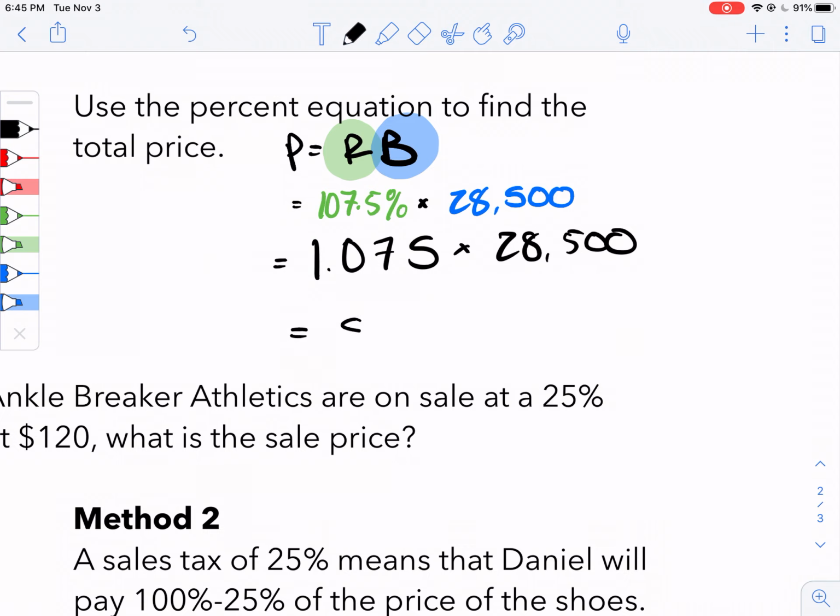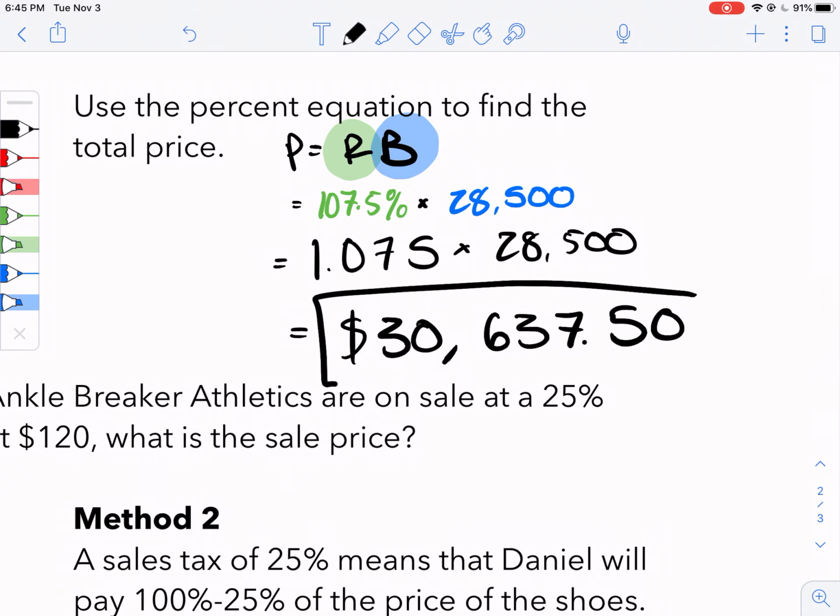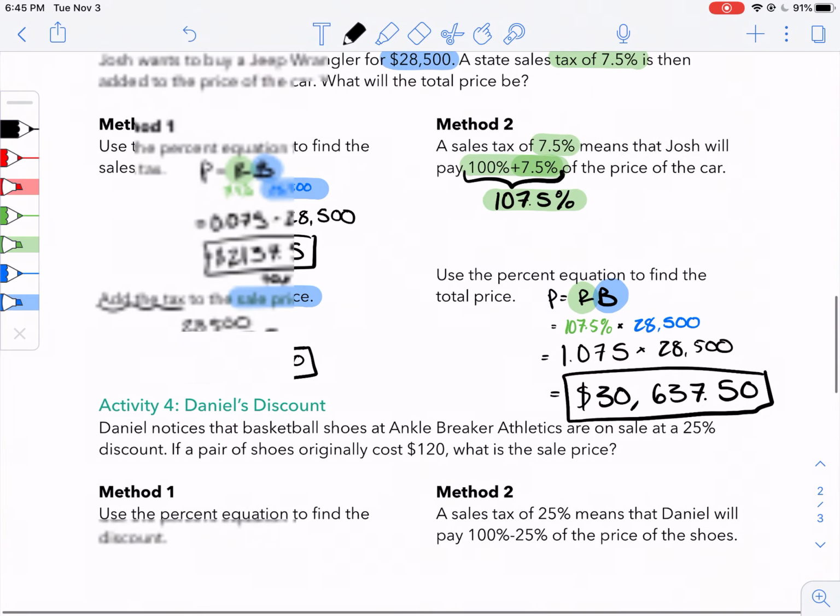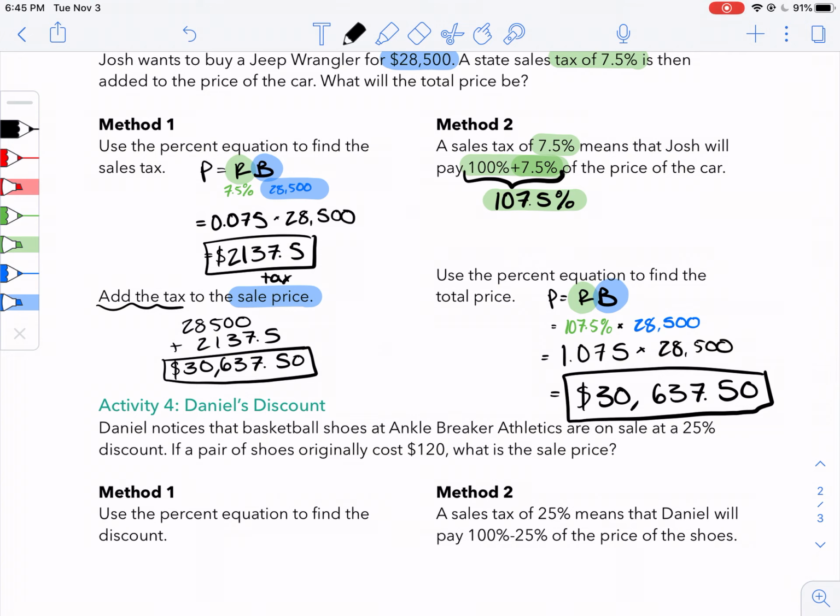It's the same, $30,637.50. So those methods both work. You can find the tax in dollars and then add it, or you can find the total percent and then multiply. So, yay.